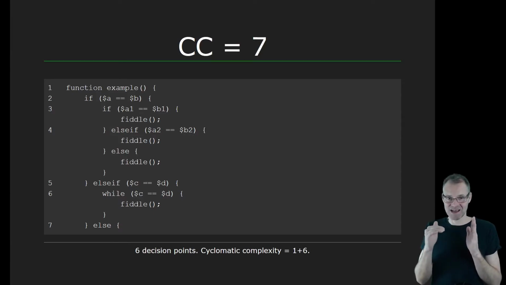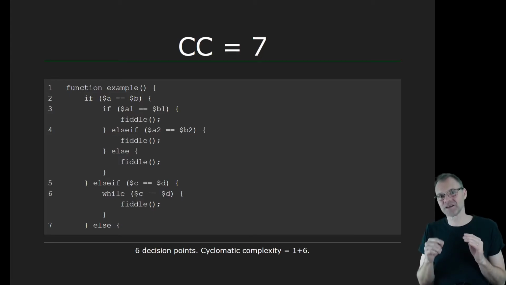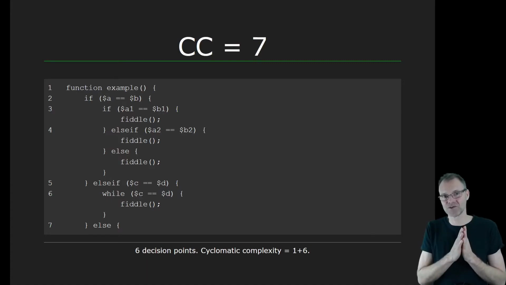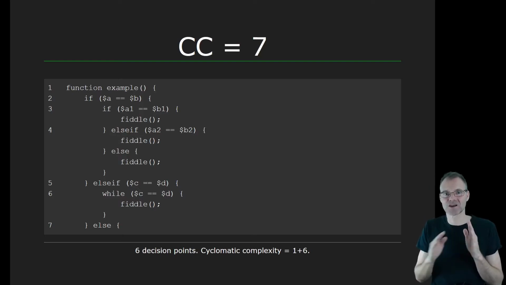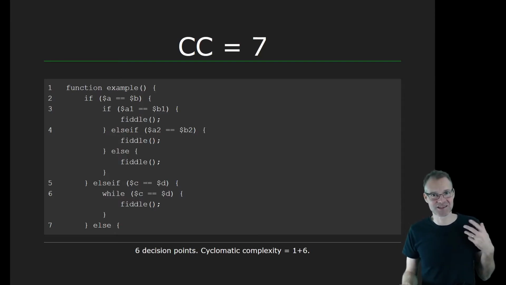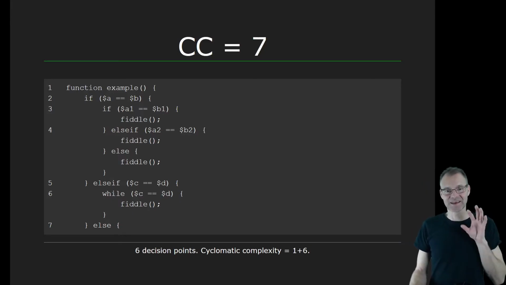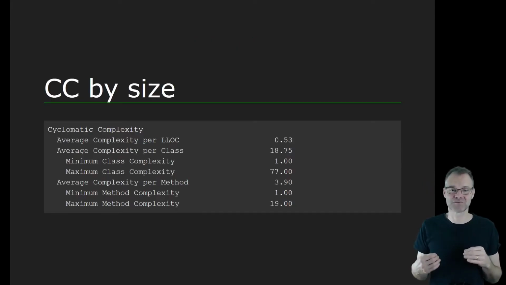So each tab makes your code more complex. That could be a good thing to remember. So try to keep your code narrow, straight. Don't make too many tabs, because in general it makes your code a bit more complex.